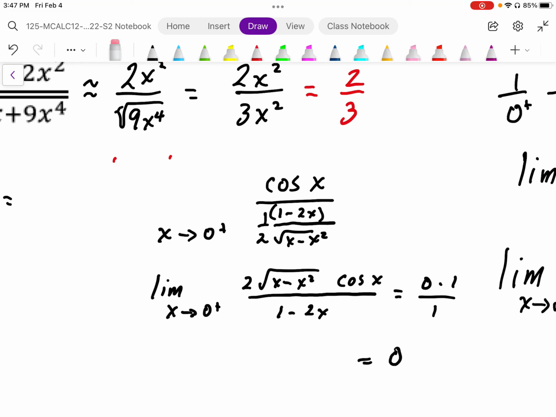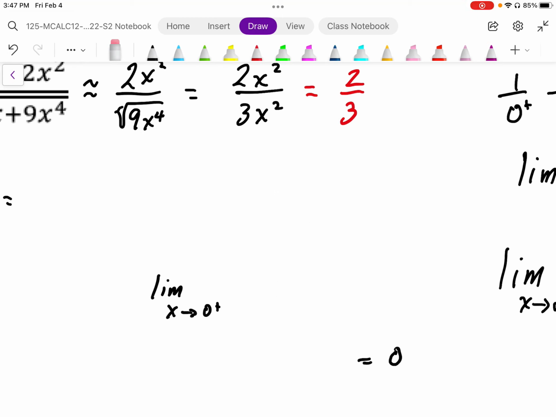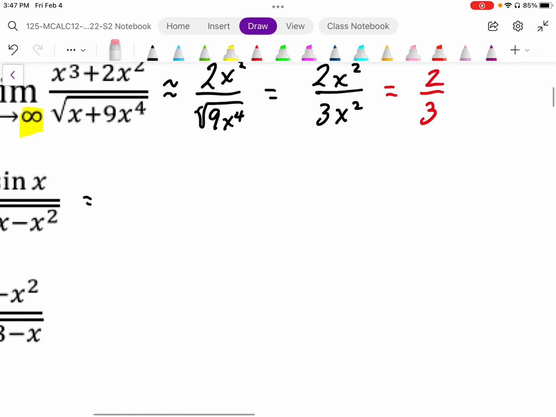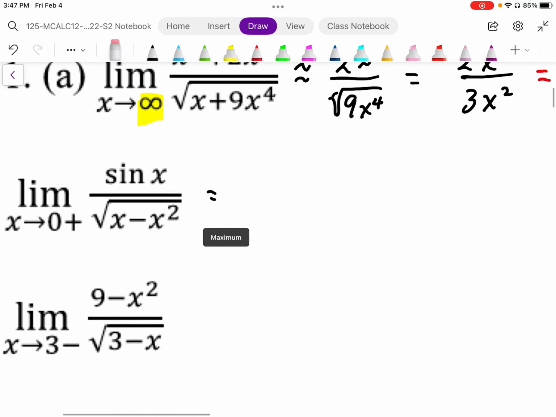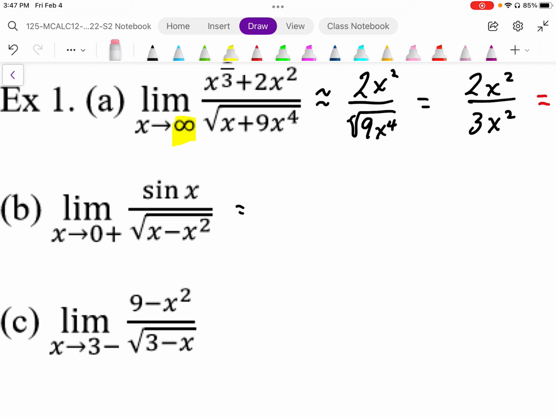Another option for this problem is to analyze it slightly differently, and we don't really need L'Hopital's. I can try to use some basic identities. I can see I almost have sine x over x, and I know the limit of that as it approaches 0 is equal to 1.